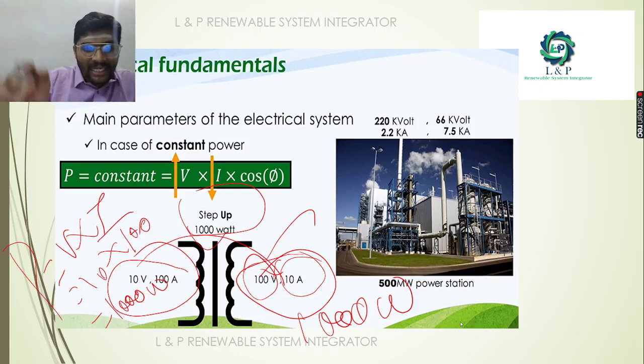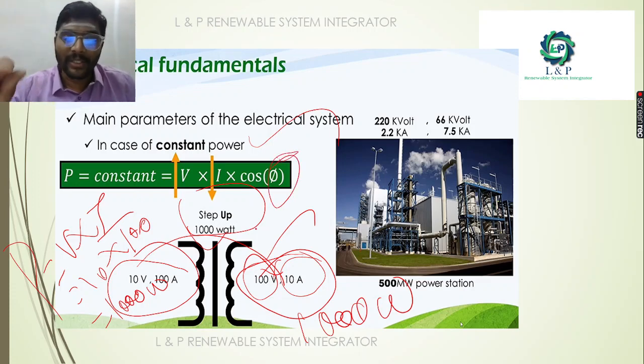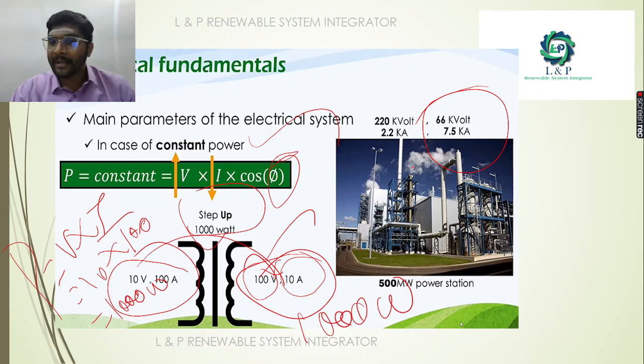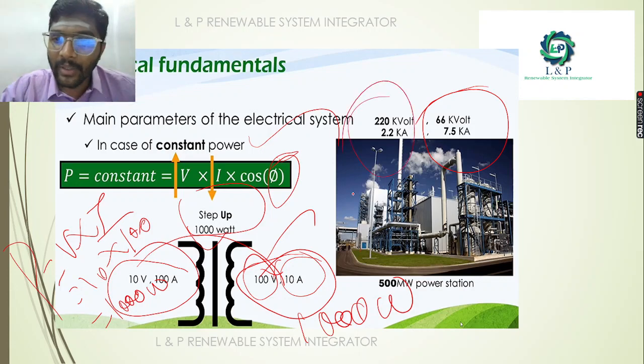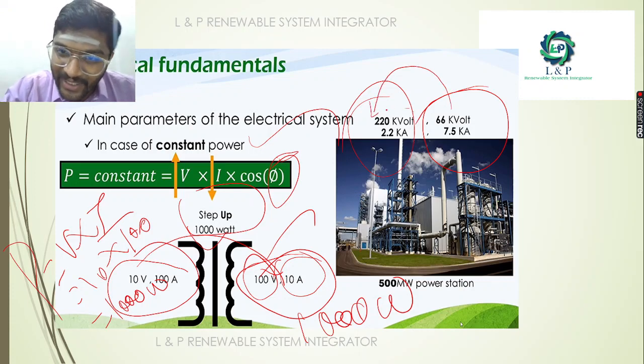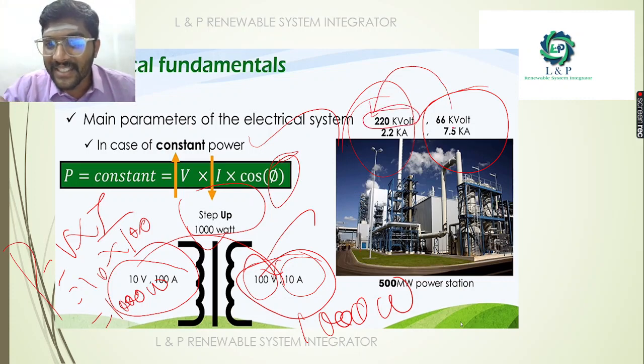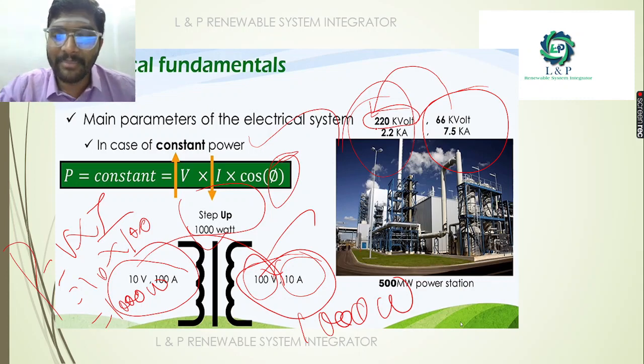Consider a situation where there is a constant power. We have a formula P is equal to VI cos phi, where phi refers to the power factor. So if you are generating power at 66 kilovolts, that is 7.5 kiloamps, and you change that generated voltage to 220 kilovolts, it means you are making a step up operation.